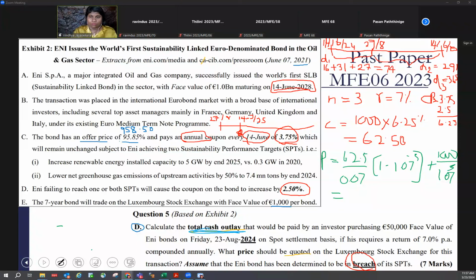The total purchase consideration for 1,000 face value on 14th June, what is the price? 980.352775. I don't know whether I'm correct, but that's the figure I got.